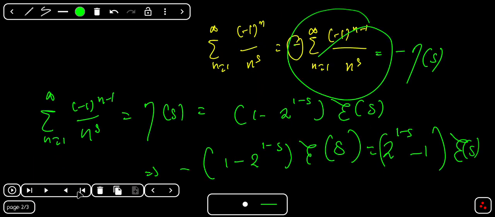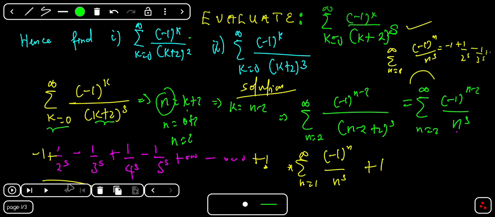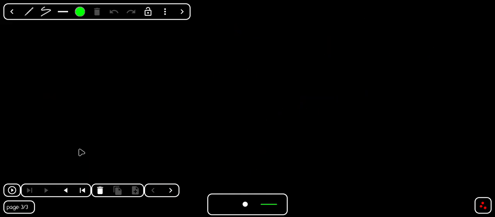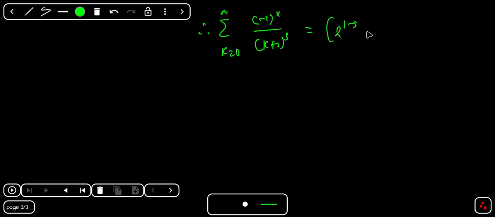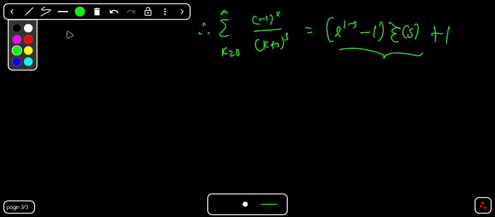So if we add 1 to it, therefore we're going to say the sum of k from 0 to infinity of minus 1 raised to the power of k over k plus 2 raised to the power of s would be equal to 2 raised to the power of 1 minus s minus 1 multiplied by zeta of s, then plus 1. Okay, so that would be the answer to that beautiful problem.